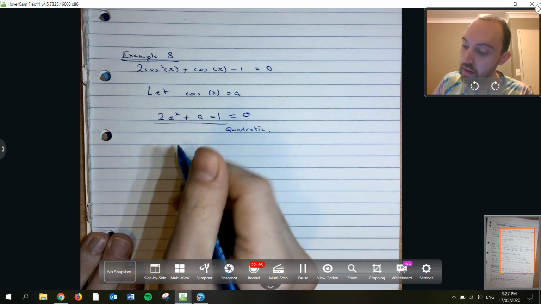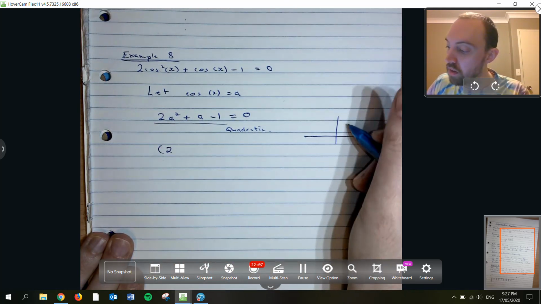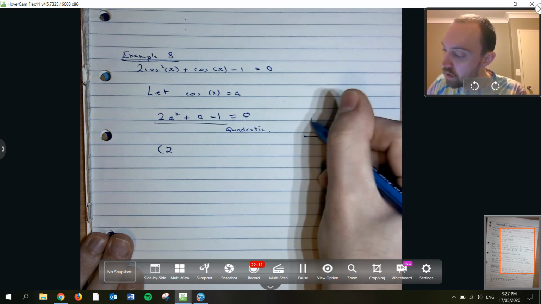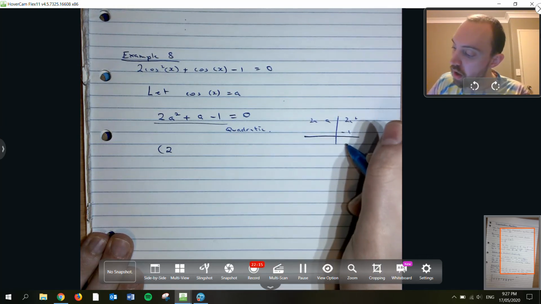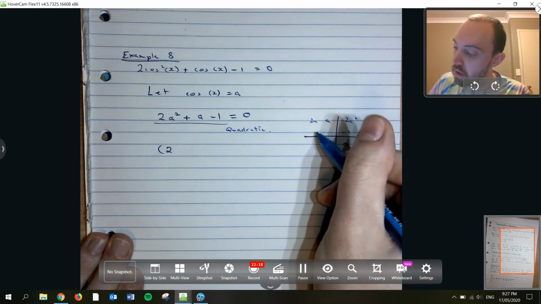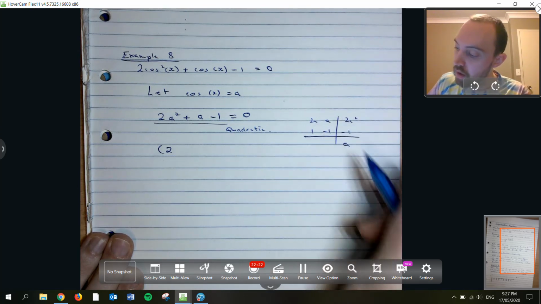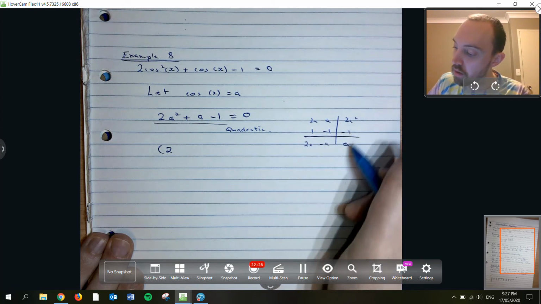And so now we're trying to solve a quadratic. How do we solve this? Well, using the table is my favorite method. We have 2a squared, which is 2a and a, and we're trying to get to a, -1. We can have +1 or -1. So we've got 2a take a is positive a.